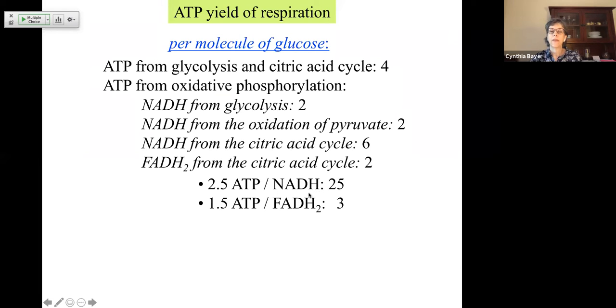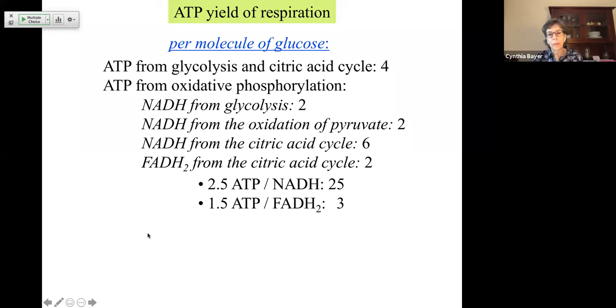Therefore, FADH2 electrons drive fewer protons across the membrane. Therefore, those electrons correspond to a little bit less of that oxidative phosphorylation.